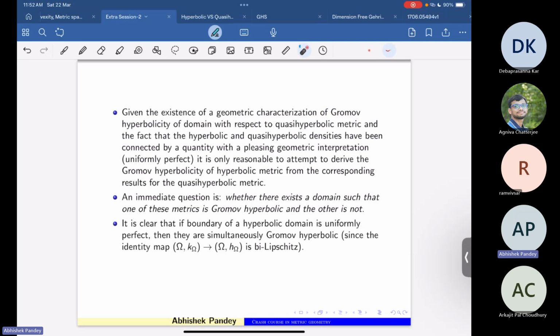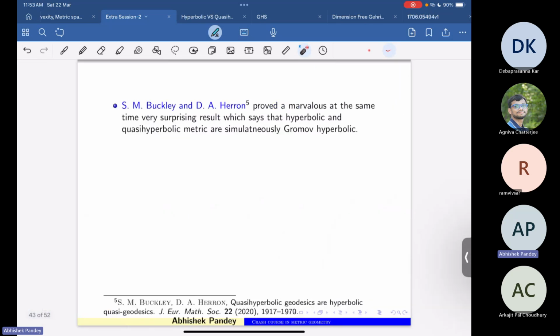So the answer to the question, if we are looking for a domain which is Gromov hyperbolic with respect to one metric but not the other, is that such a domain does not exist. Okay. So every hyperbolic domain is simultaneously Gromov hyperbolic with respect to both metrics. And for a planar hyperbolic domain, we just say that it is Gromov hyperbolic. We don't mention the metric because they are simultaneously Gromov hyperbolic.